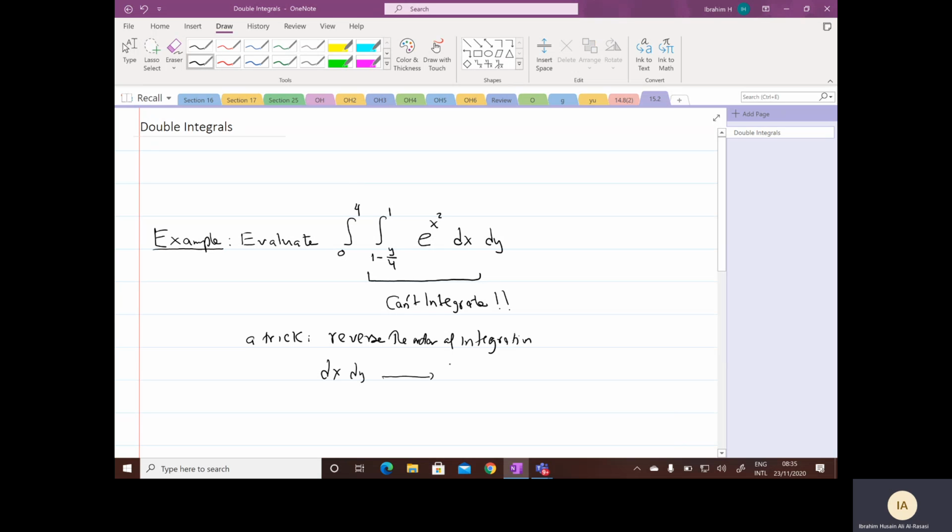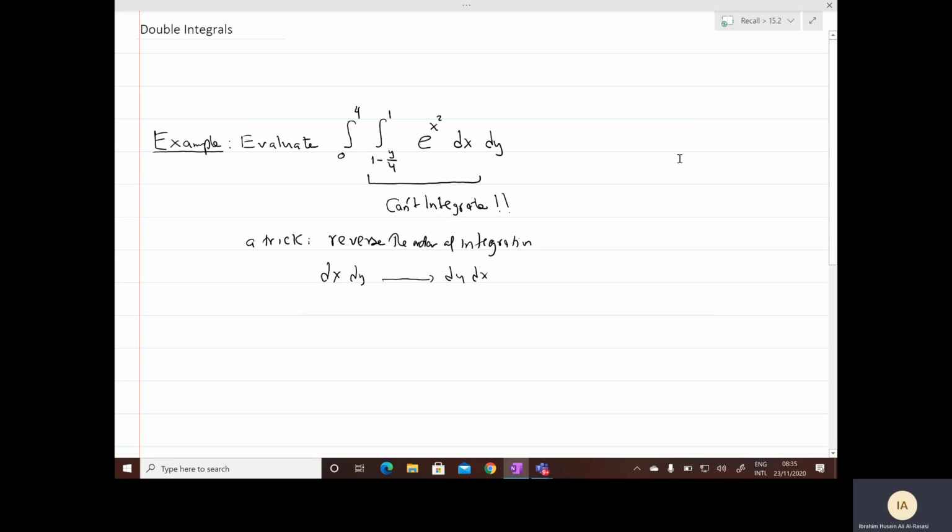What does this mean? Does this mean you say, for example, this equals the integral from x equals 1 minus y over 4 to 1, from y equals 0 to 4, of e power x squared dy dx?